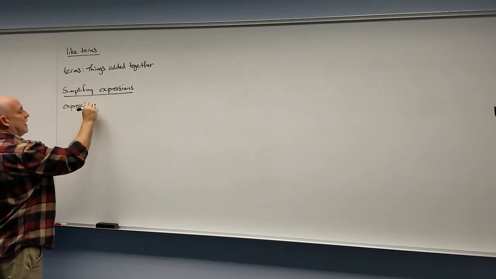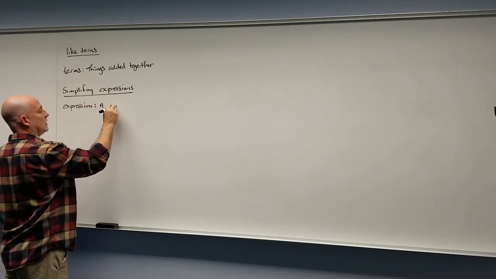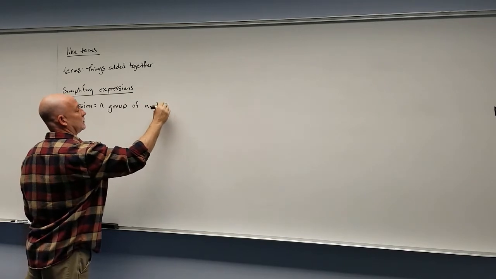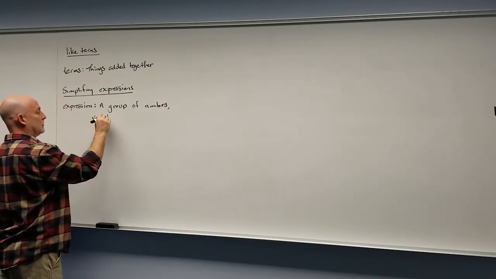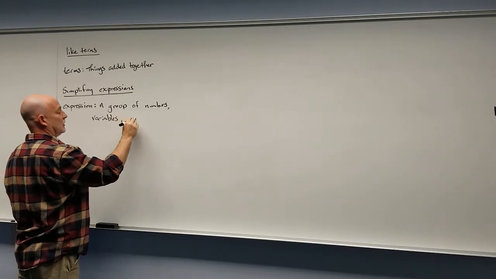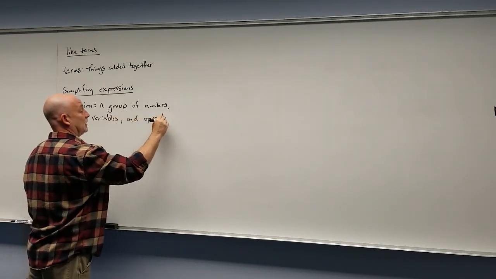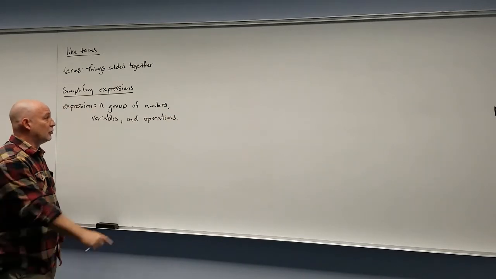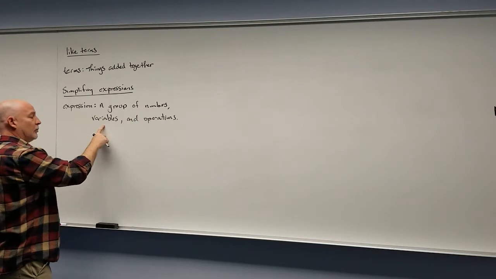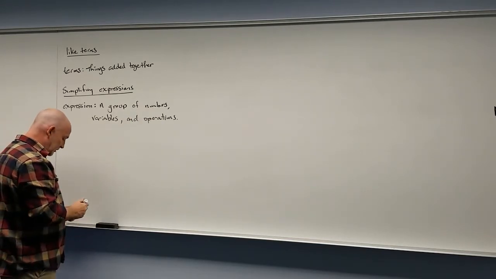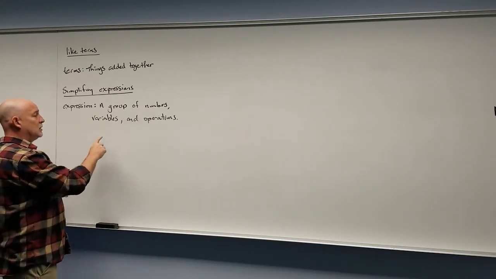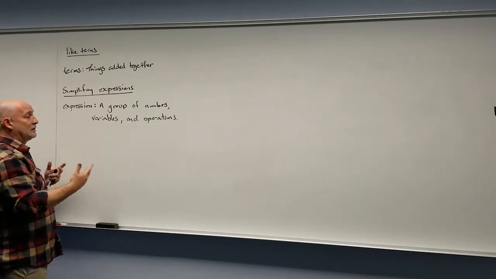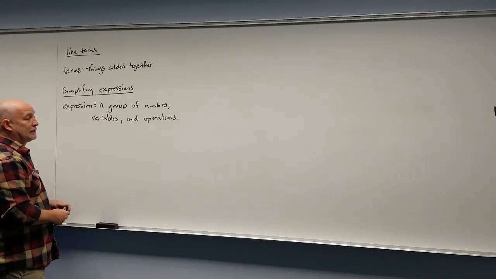An expression in math is just a group of numbers, variables, and operations. Let's see if we understand what all these words actually are. A group of numbers. We all know what numbers are. Variables. Now, we haven't really dealt with a lot of variables this semester, but remember, a variable is just a letter. In the operations, what we mean by operations is add, subtract, multiply, and divide.